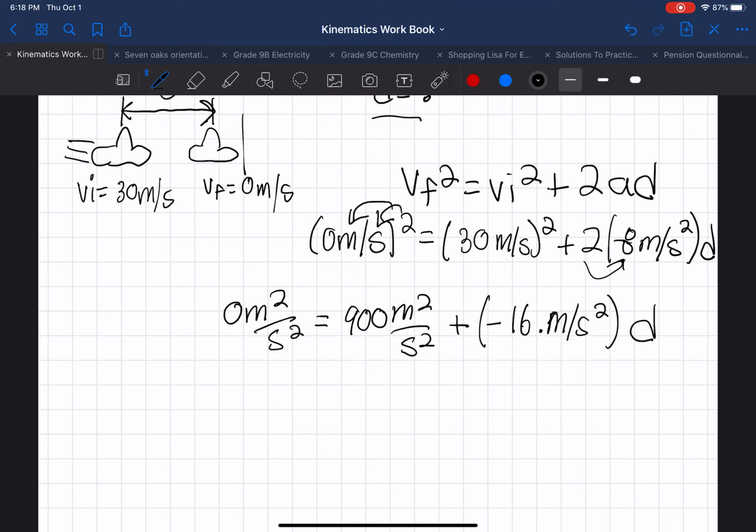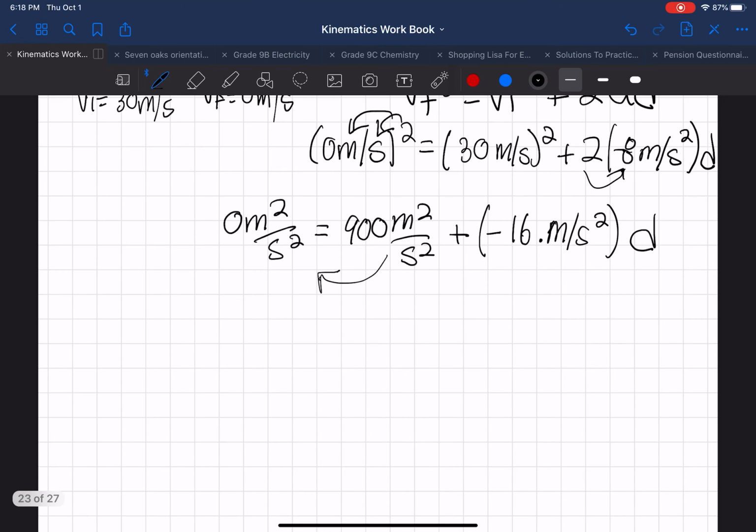And now we're going to keep isolating it over. So we're going to move the 900 over to this side. So when you get 0 meters squared over seconds squared minus 900, so 900 minus the 0, you end up with just 900.